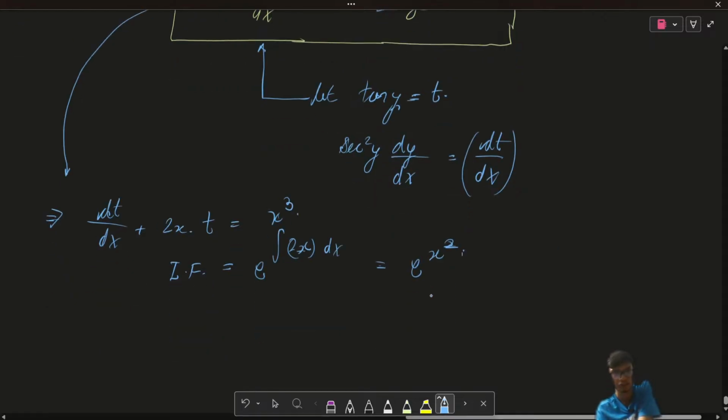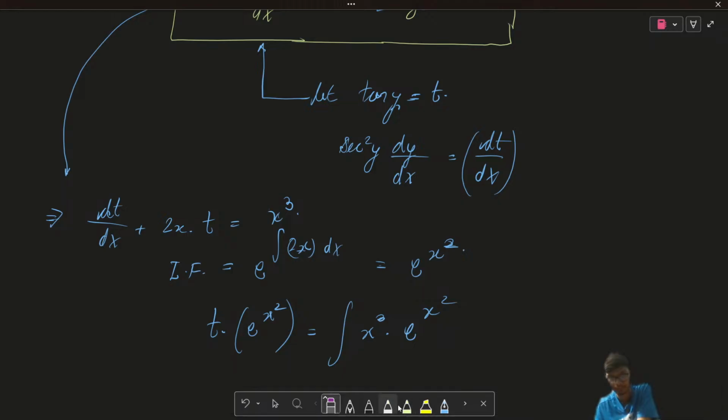Then the general solution in terms of t will be t into e to the power x square is equal to integration of x cube e to the power x square dx, which I can easily solve. I can write x cube as x into x square.